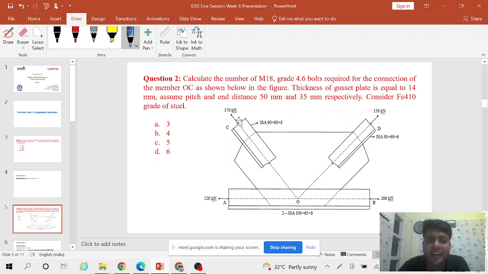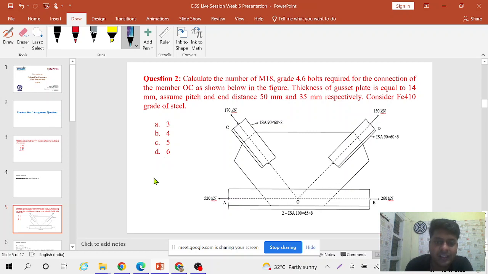What type of hole are you considering? That hole is a normal hole, not oversized or long slotted, but the normal clearance hole.